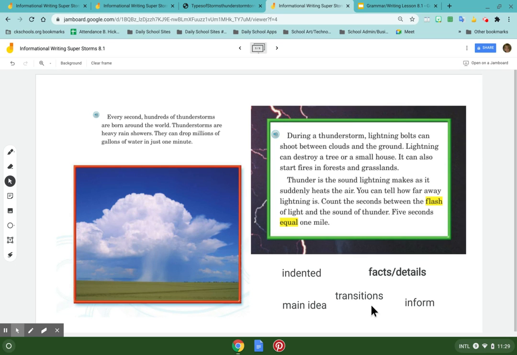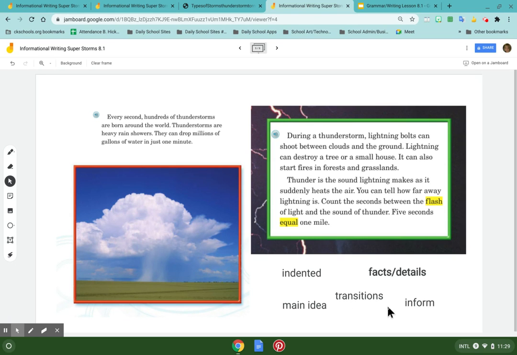Then you brush your hair. Then you walk into the kitchen, see how you're moving. And what a transition in a paragraph looks like is words like first, next, finally, first, next, last. And so those are your transition words.